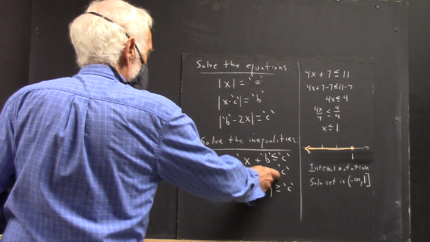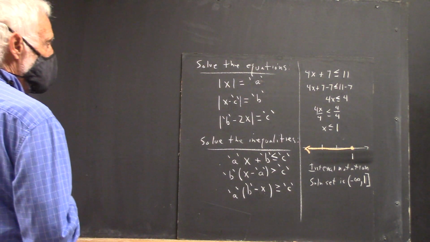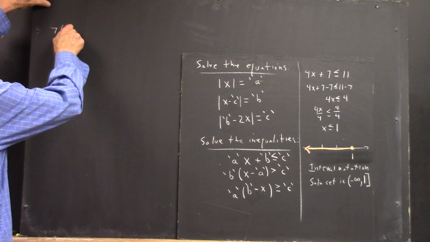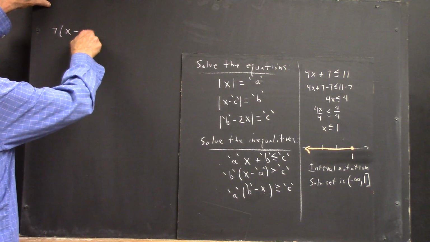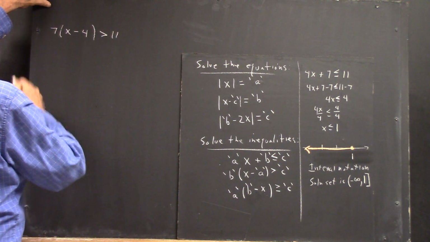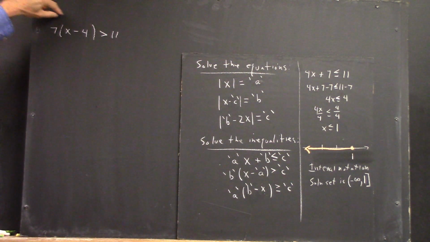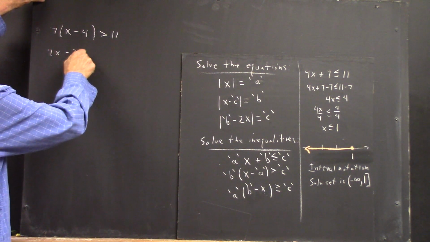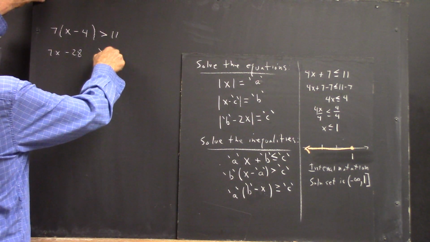The second question is much like the first. Let's say it's 7 times x minus 4 is greater than 11. Then on the left-hand side, you use the distributive law. You get 7x minus 28 is greater than 11.